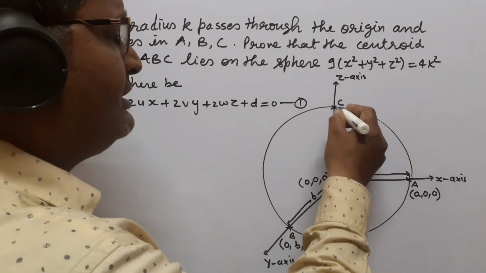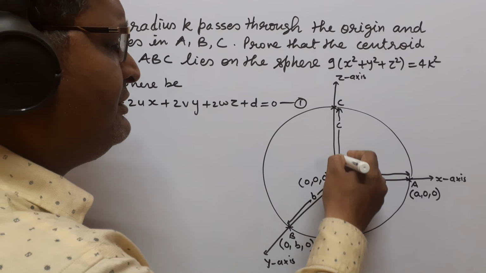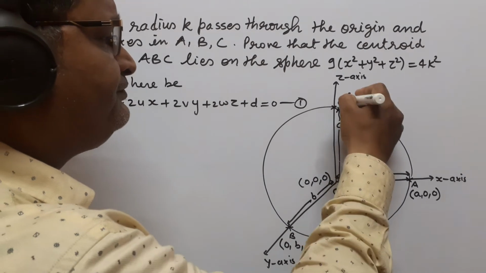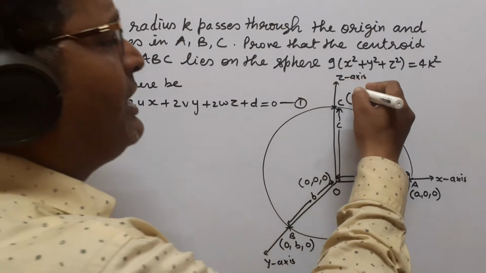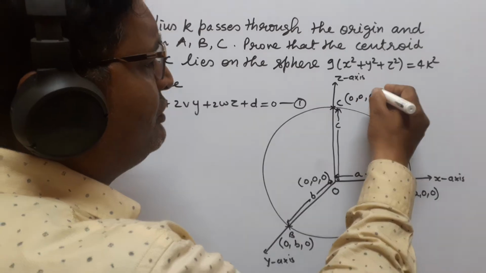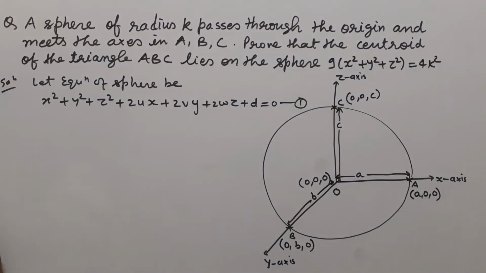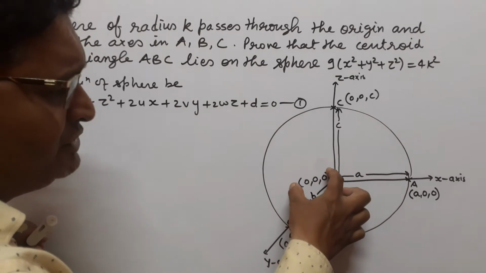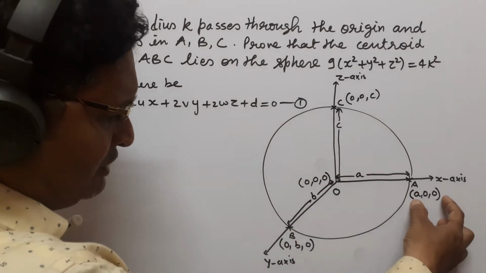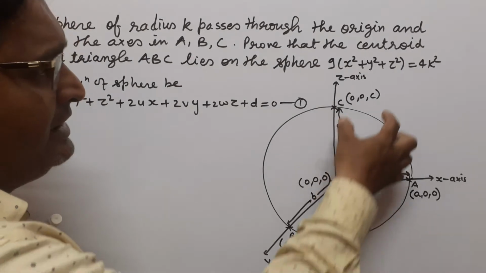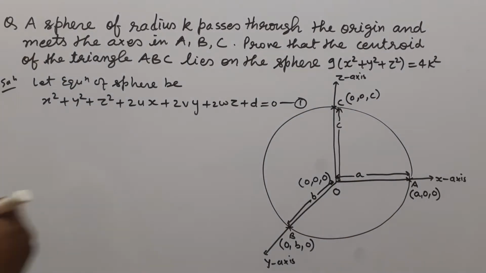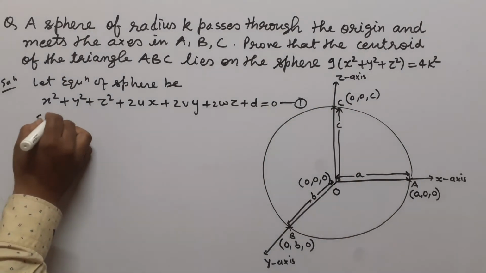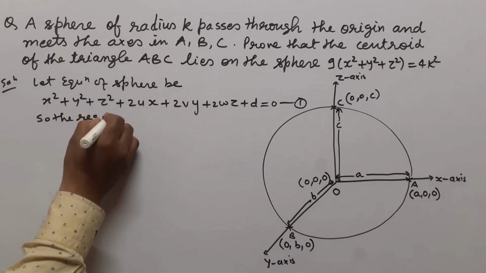We suppose that this distance is c. So the coordinate of C point is 0, 0, c.